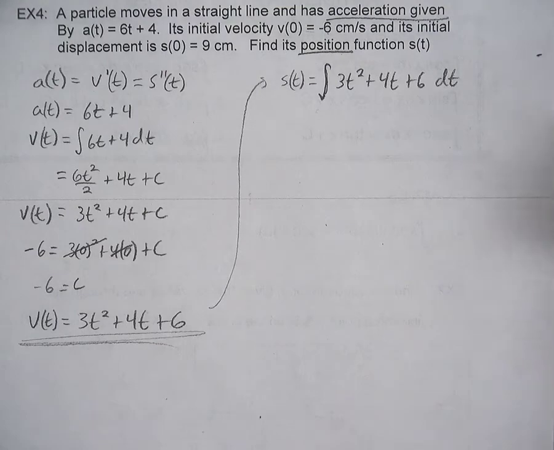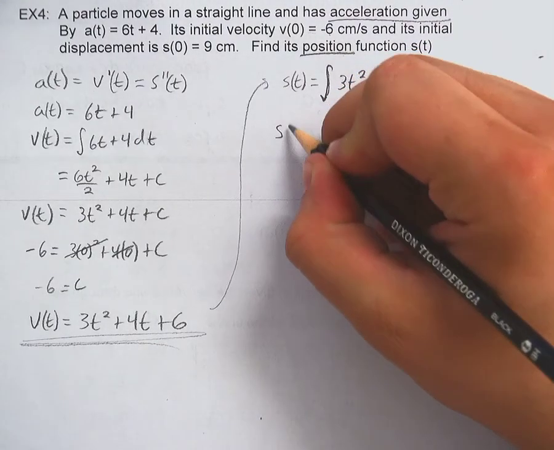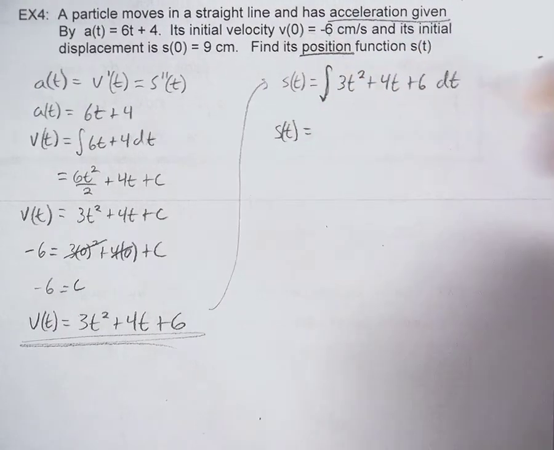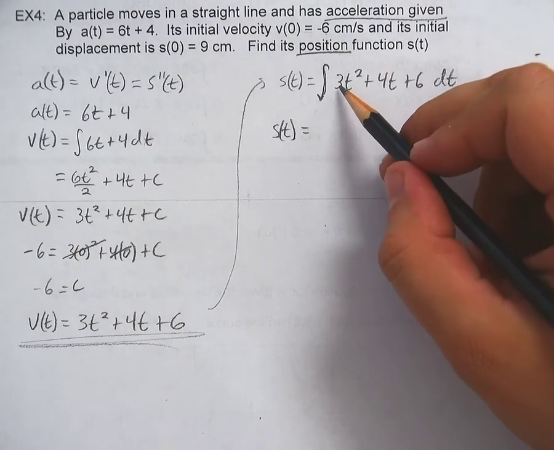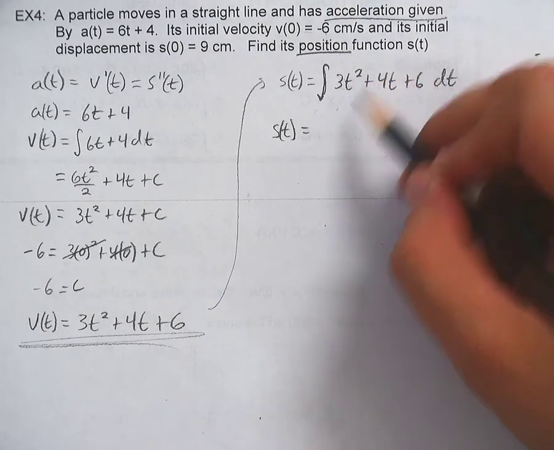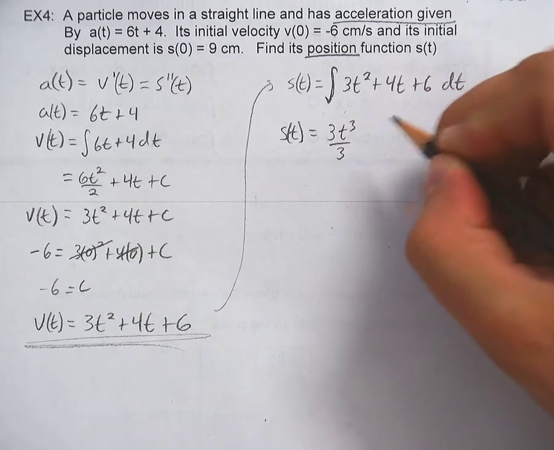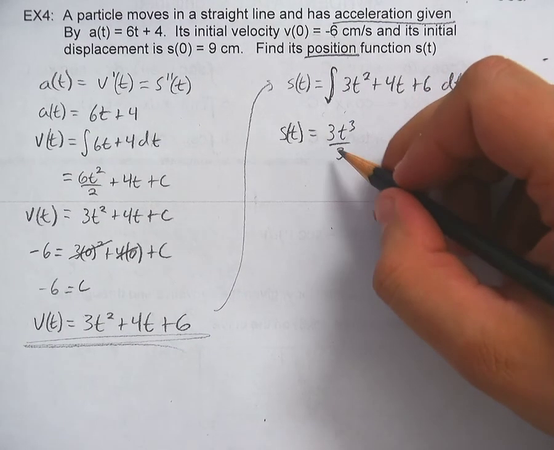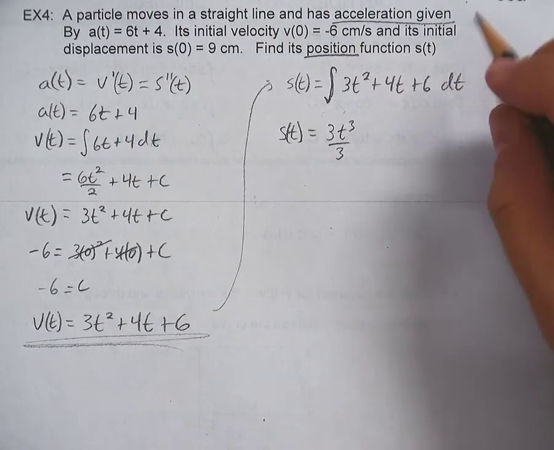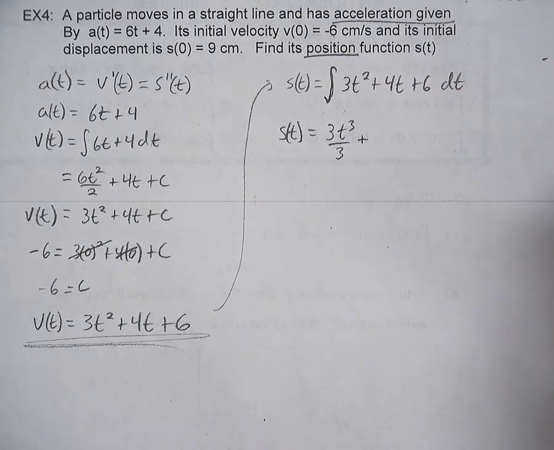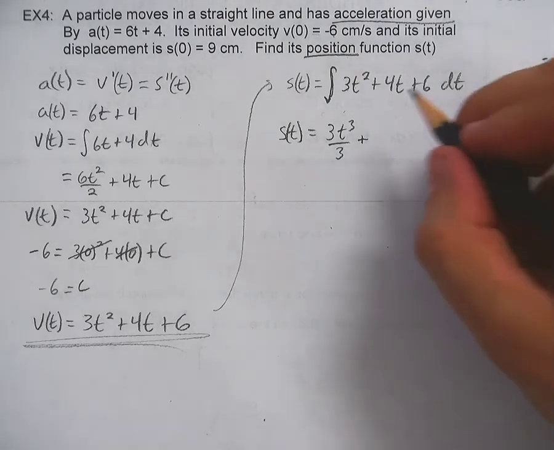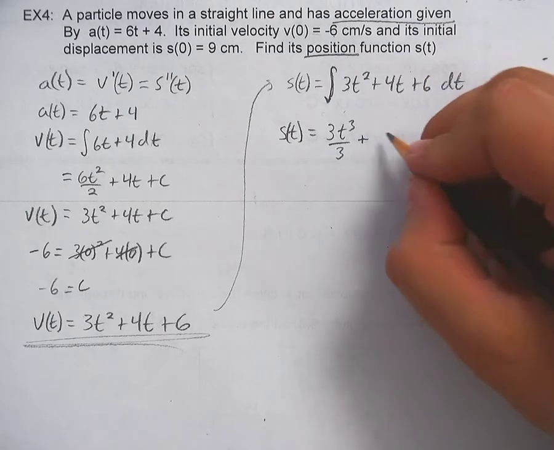So let's do it again. S of t, so let's set this up here. It's going to be 3t cubed over 3, right? Eventually you'll get to the point where you can do this part in your head and you can simplify it right away. Don't rush it. There's no point. 4t squared over 2.